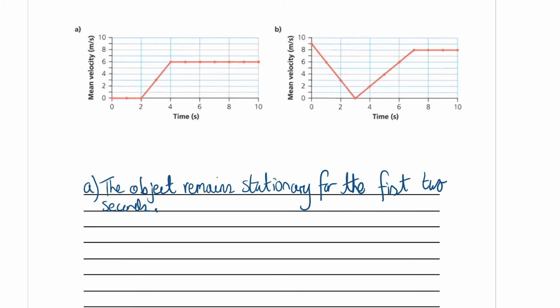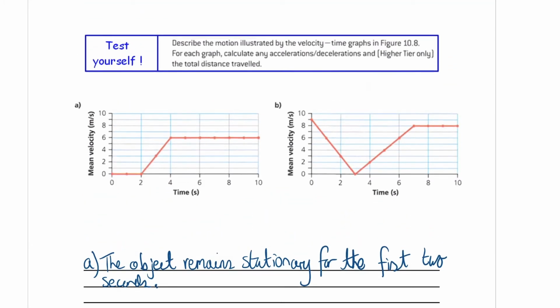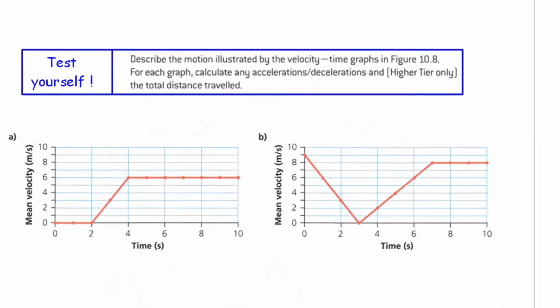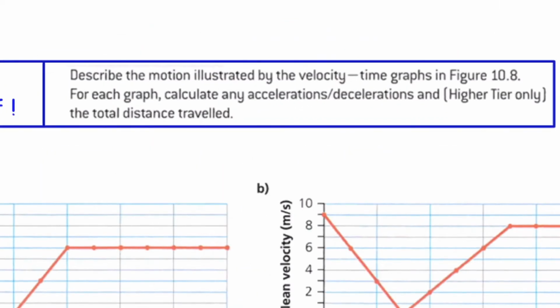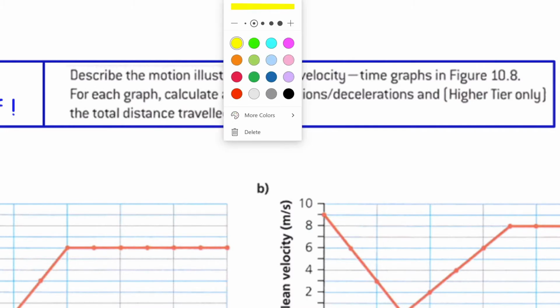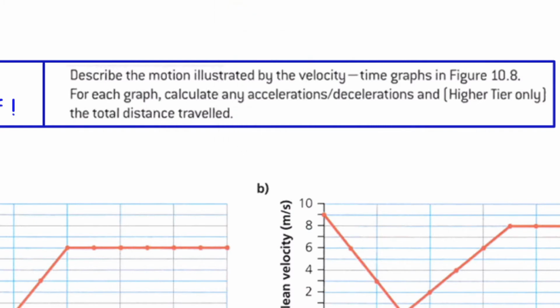I'll go through the first graph with you, graph A, and then I'll let you do the others. It's asking, describe the motion illustrated by the velocity time graphs in figure 10.8 for each graph. Calculate any accelerations, decelerations, and distance travelled. So what we've got here really is your success criteria.